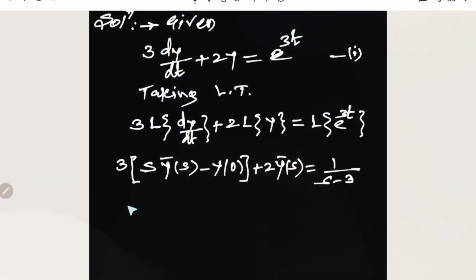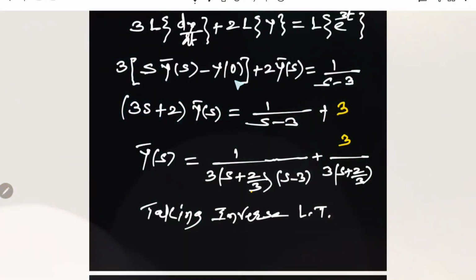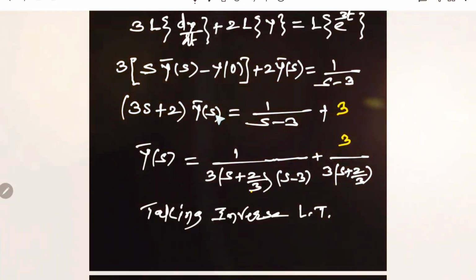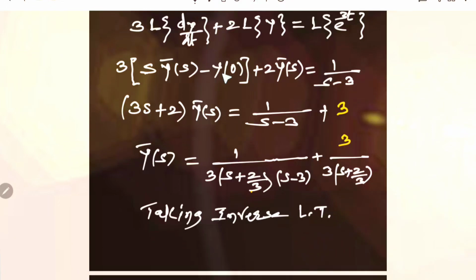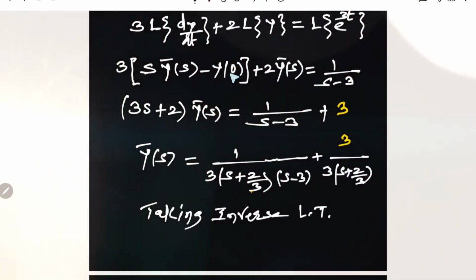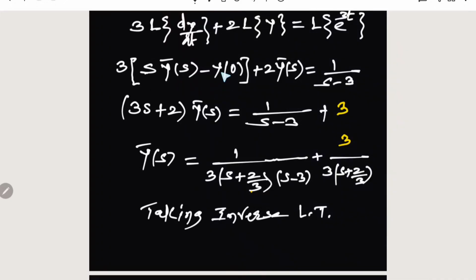Therefore, collecting that y bar of s in one bracket, we get 3s plus 2 into y bar of s is equal to 1 upon s minus 3 as it is. Substituting value of y of 0 is 1. Therefore, 1 into this 3, it becomes minus 3. Transferring it to right hand side, we get plus 3.